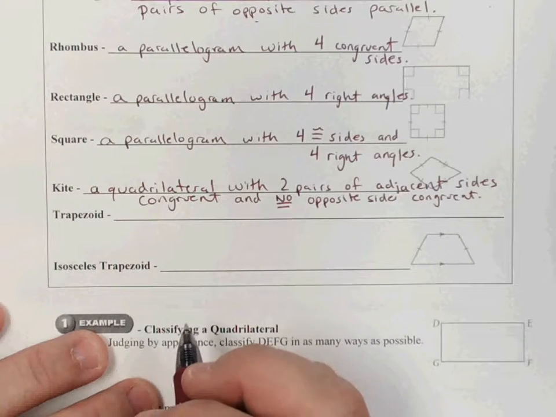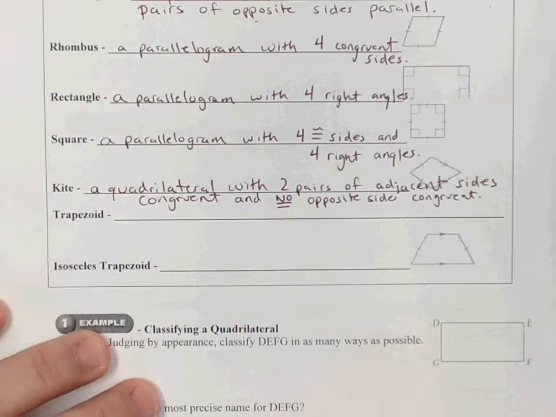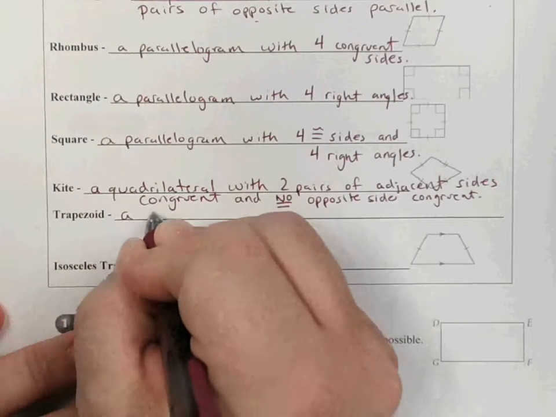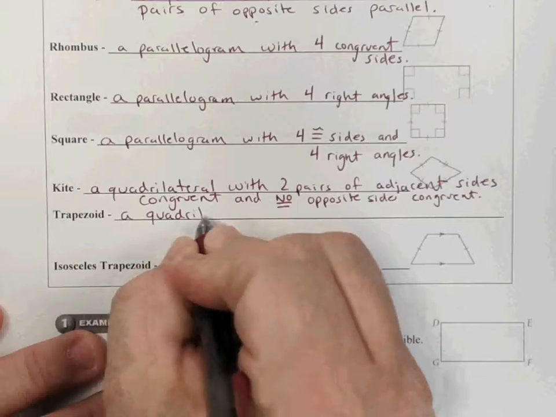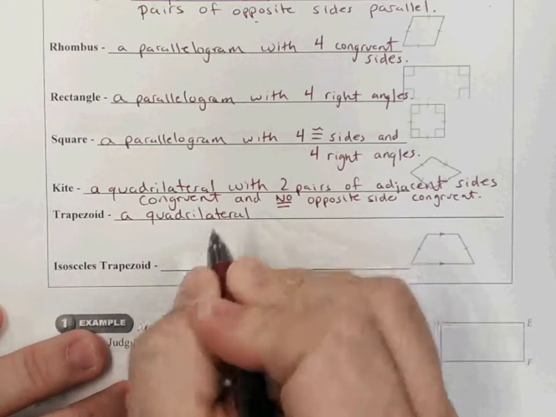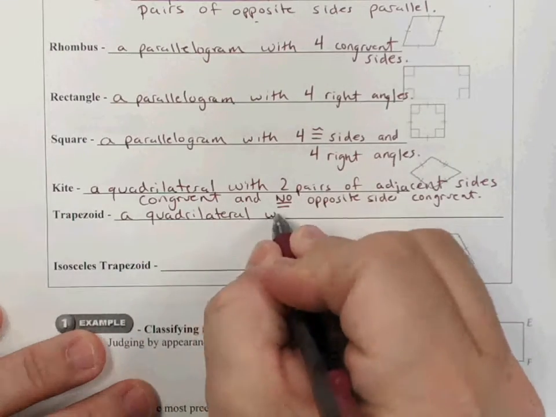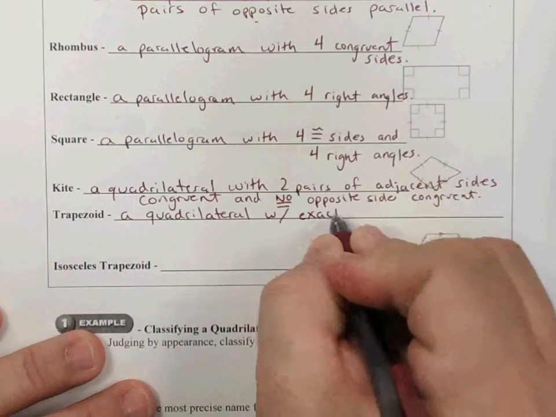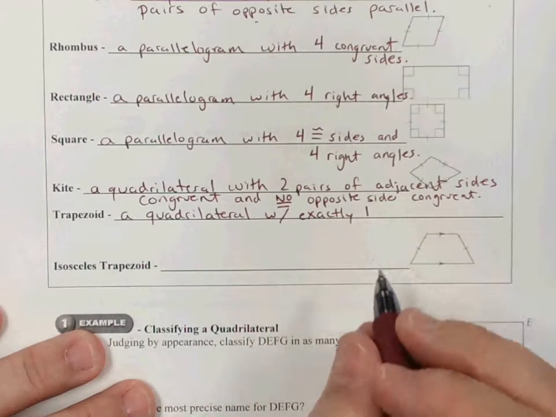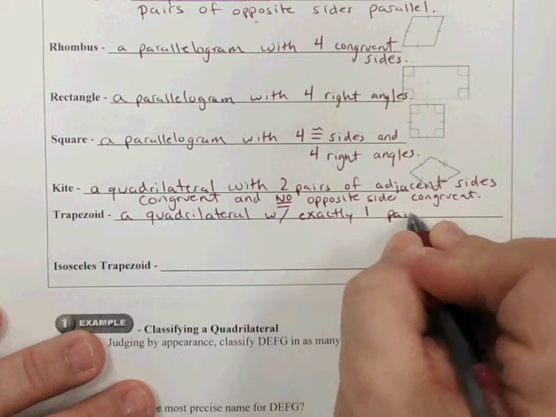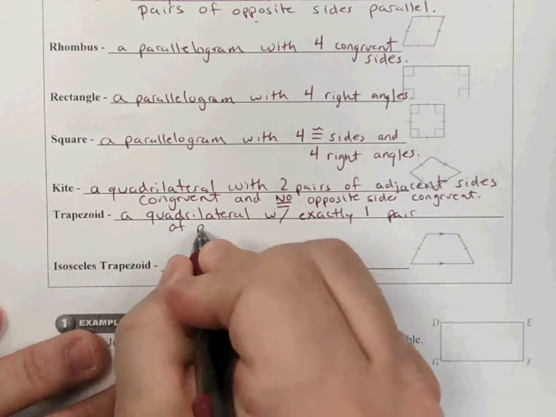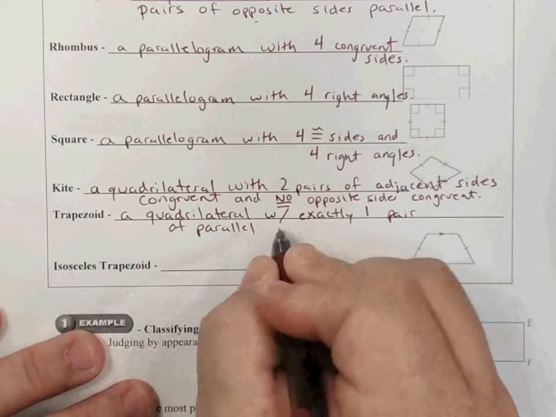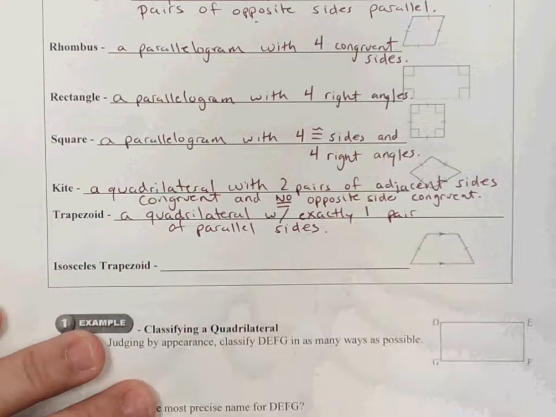Now, a trapezoid is also a special type of quadrilateral with exactly one pair of parallel sides.